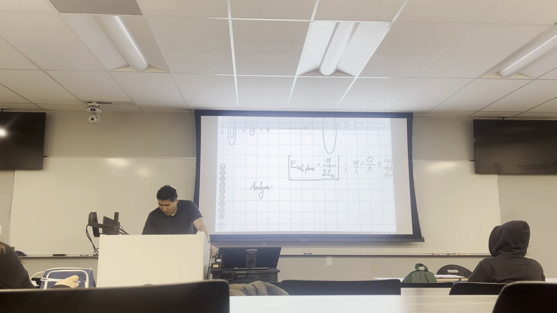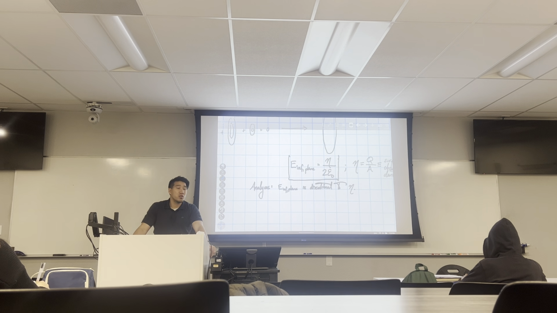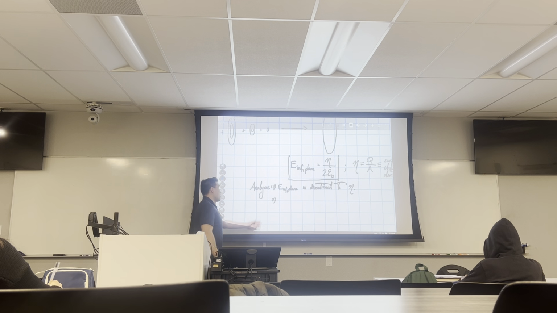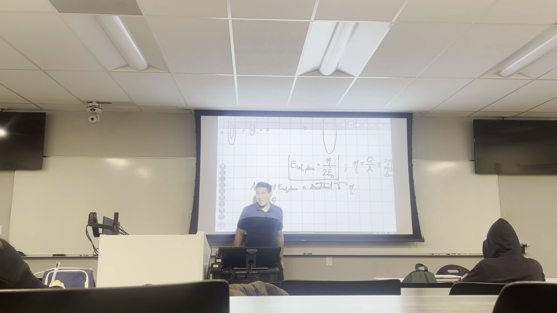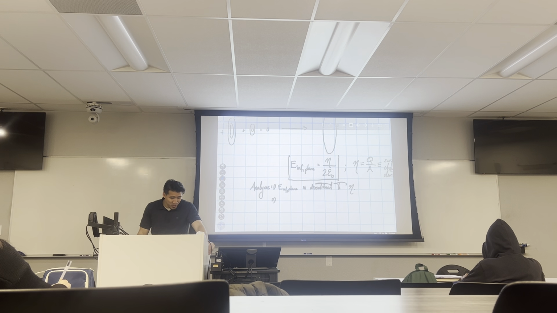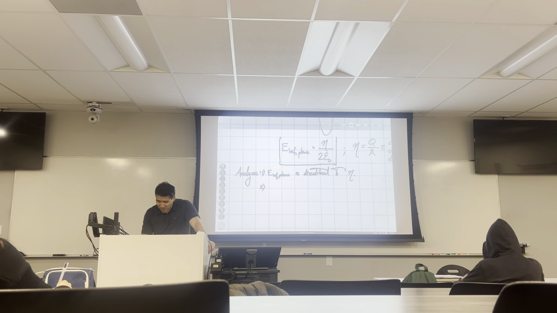So here we see that for the infinite plane, the field is directly proportional to eta. Secondarily, we see that the distance is missing. It has absolutely no distance dependency.